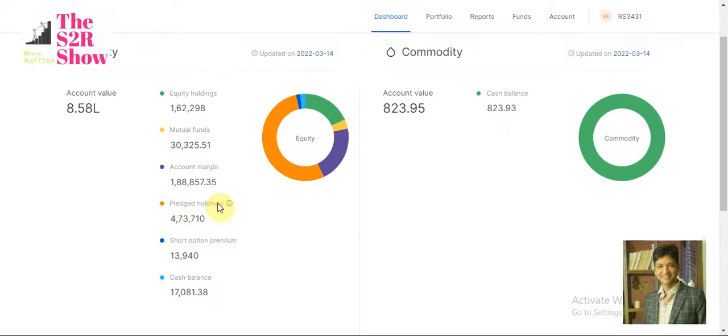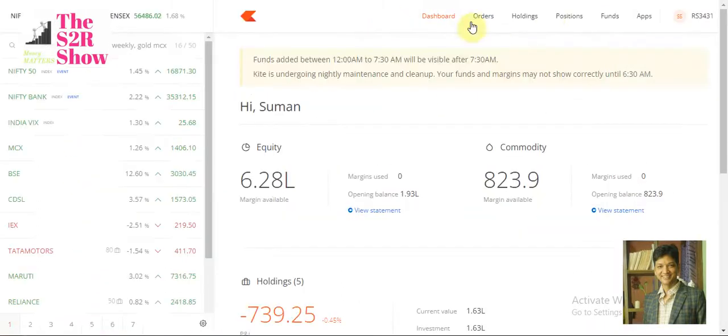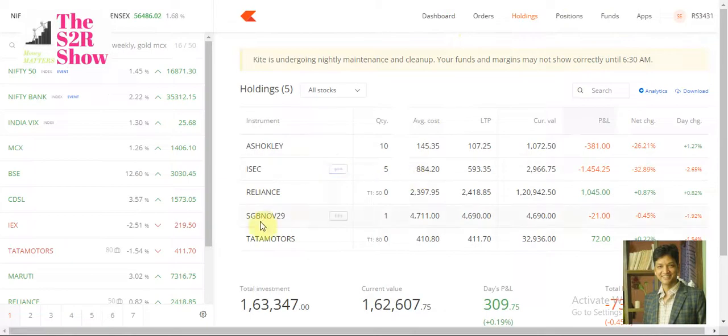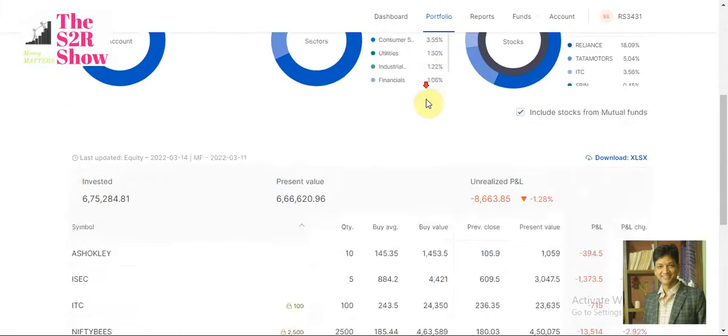473,000 rupees worth I have bought Nifty BeES, then some are mutual funds, and some of the money is in equity holding. In my portfolio holding, you can see Reliance, Tata Motors, so these are the holdings.